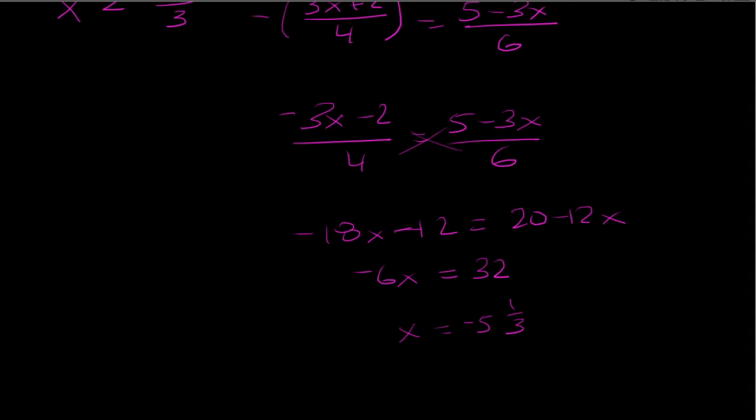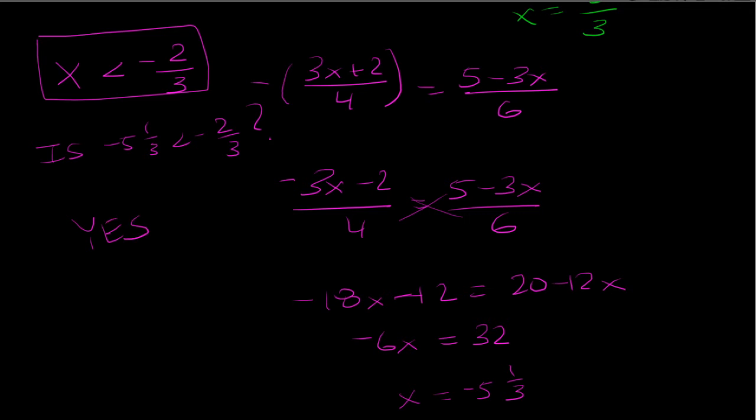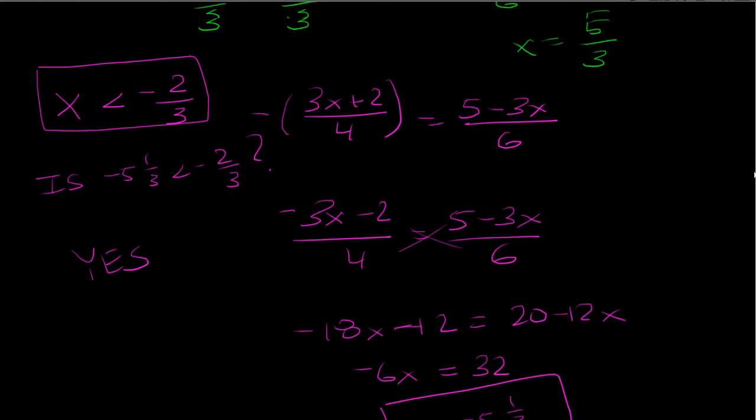And okay, so you get a nice answer. At this point, you want to make sure it's less than the condition that you're in. The condition was x less than negative 2/3. So is negative 5 and 1/3 less than negative 2/3? Yes. So we keep that answer. Okay, so that's the first case.